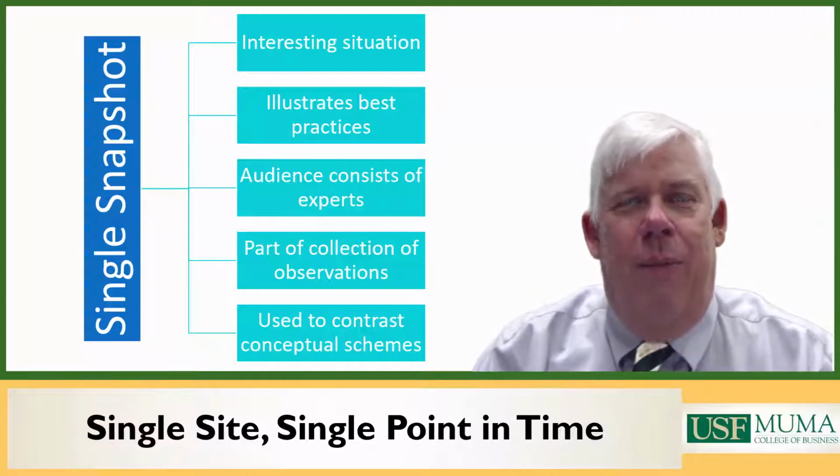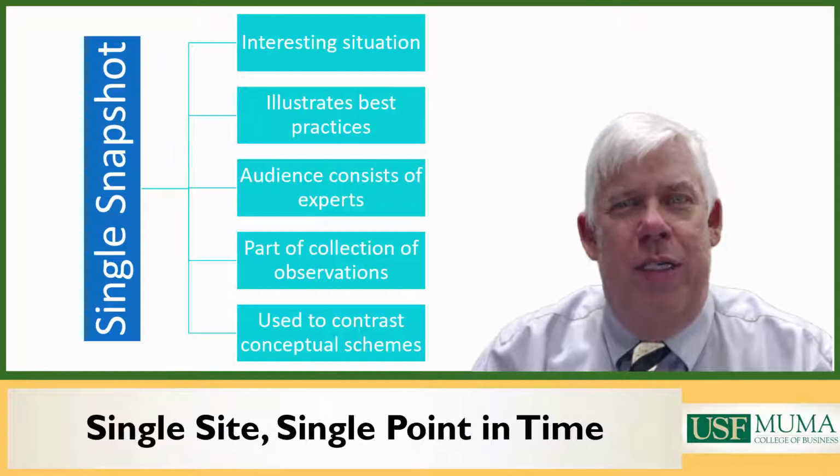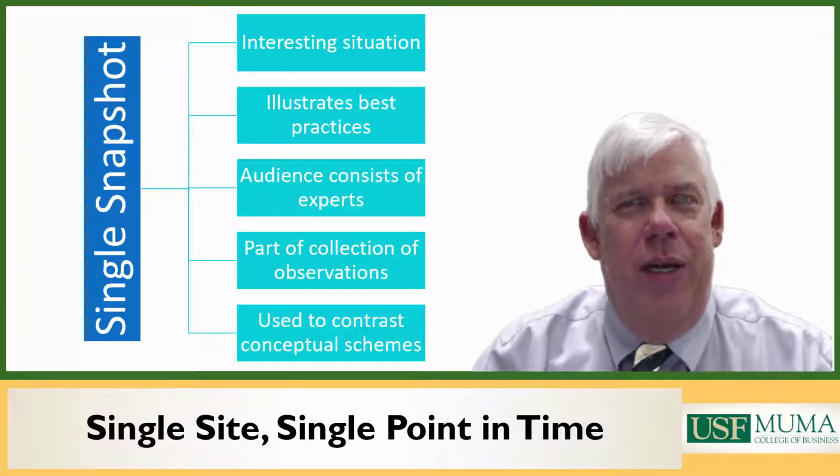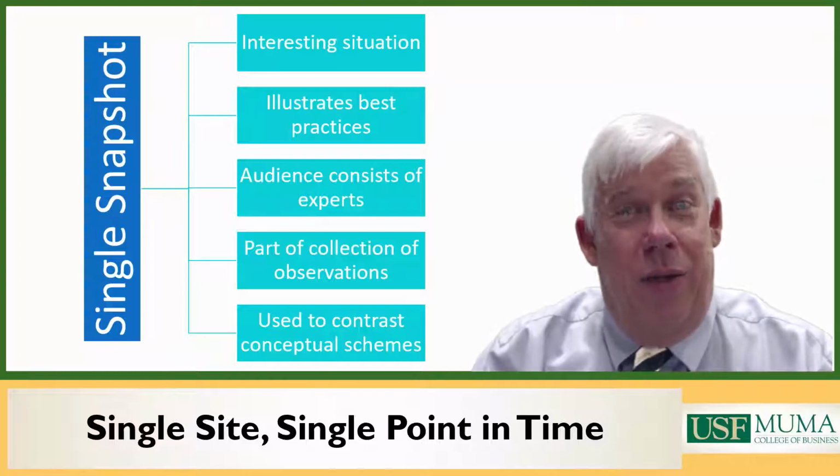So, for example, the Cuban Missile Crisis by Graham Allison that I mentioned in a previous presentation took a single case study and then triangulated it using three different theories.